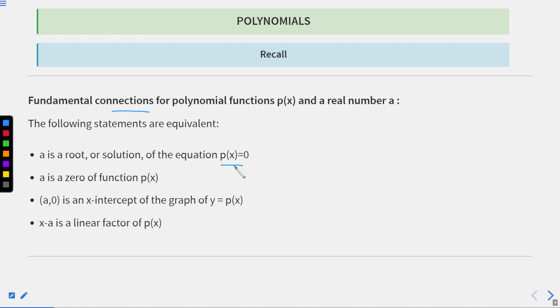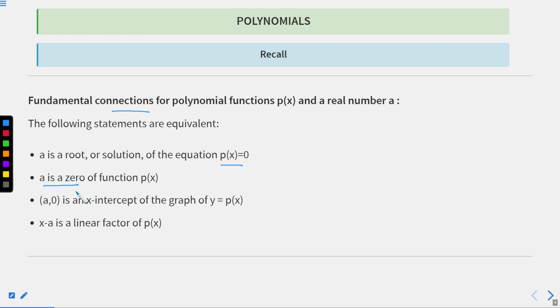If we solve p of x is equal to 0 and get x is equal to a, then a is said to be a root or solution of the equation. And a is said to be a zero of the function p of x when p of a is equal to 0.